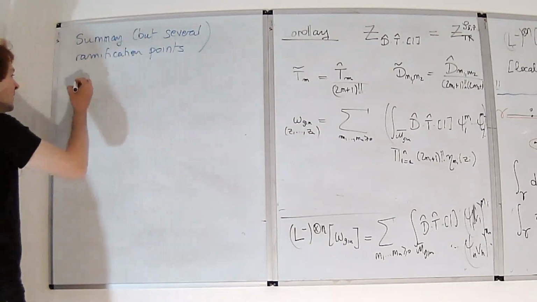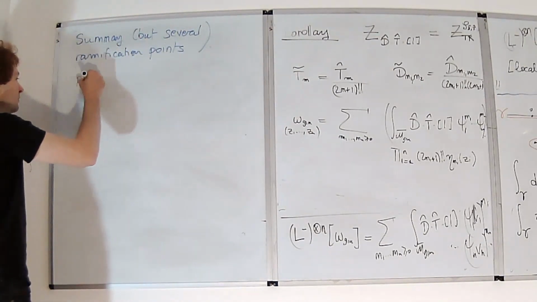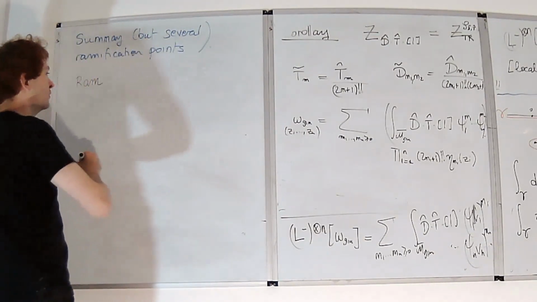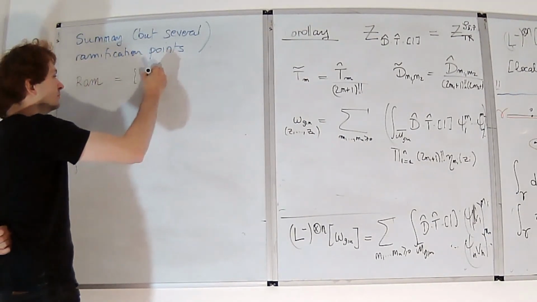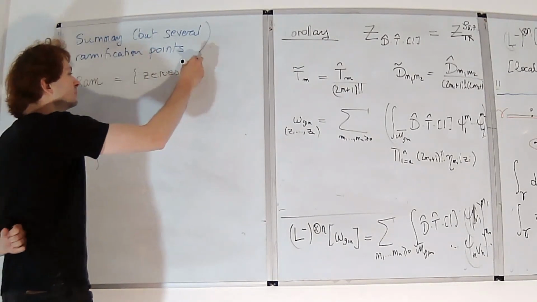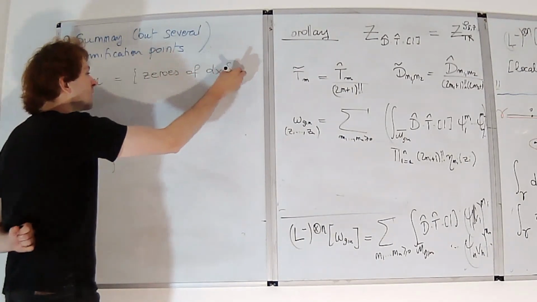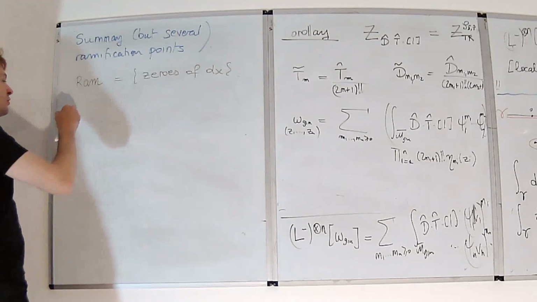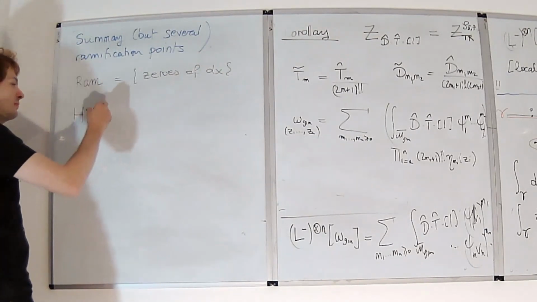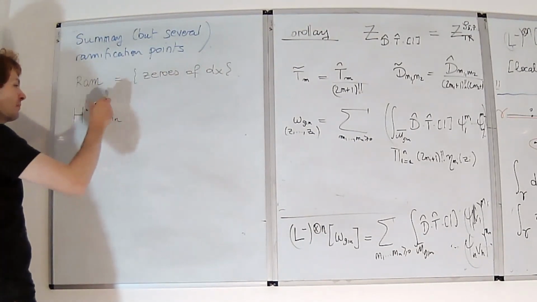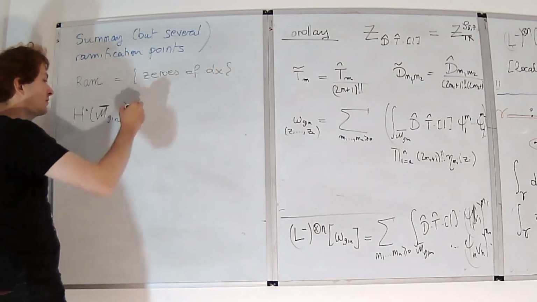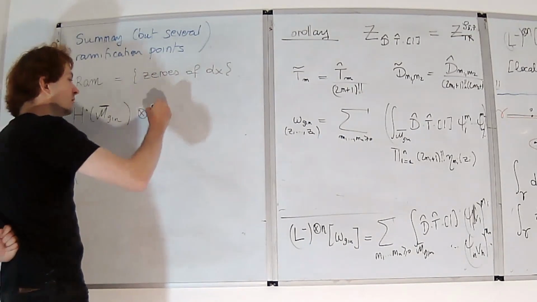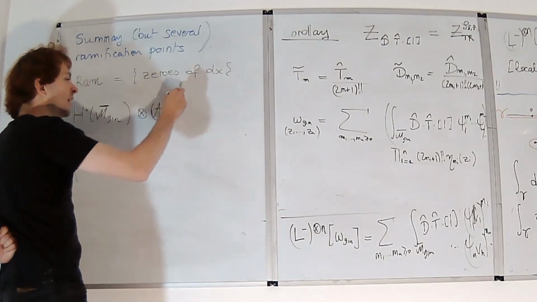In that case, let's call RAM the set of ramification points, it's finite. And instead of considering this algebra, we want to decorate it a little bit by A star tensor n.